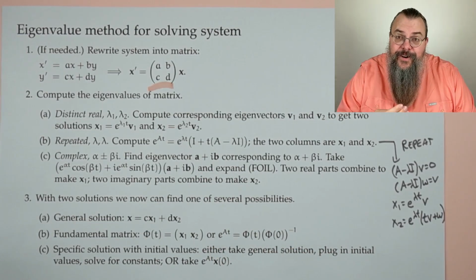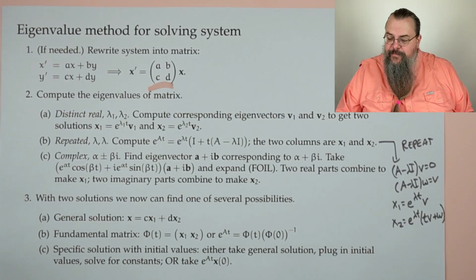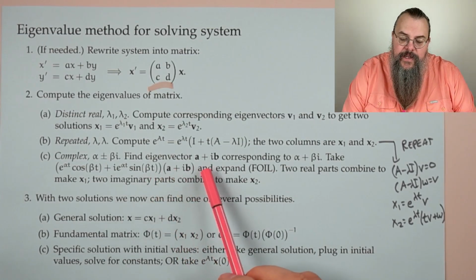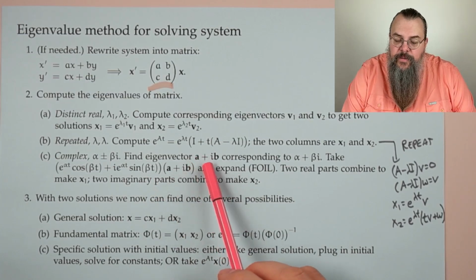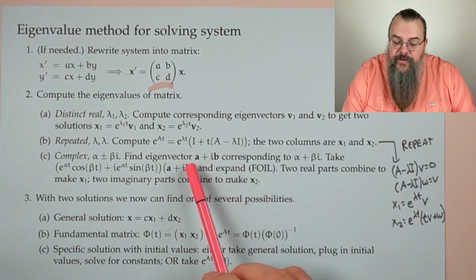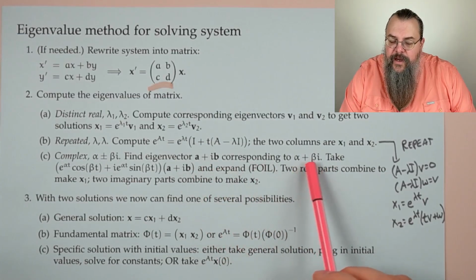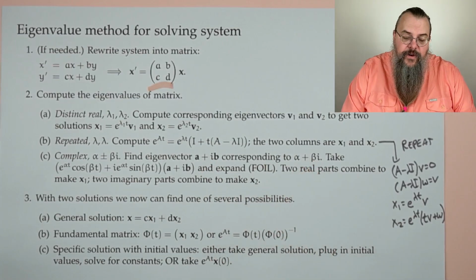The last scenario, complex. Now, if you have complex eigenvalues, you can, of course, do the following. Find an eigenvector and break it apart: real plus i times the imaginary parts. Just like we do with numbers, we can do with vectors. And that's the eigenvector for the eigenvalue alpha plus beta i. So what do we have?